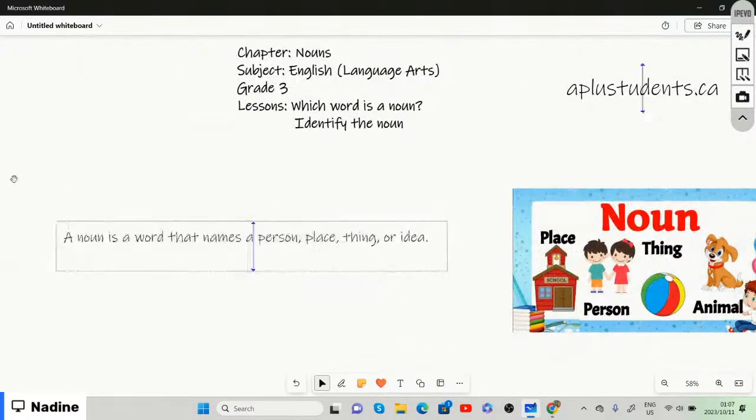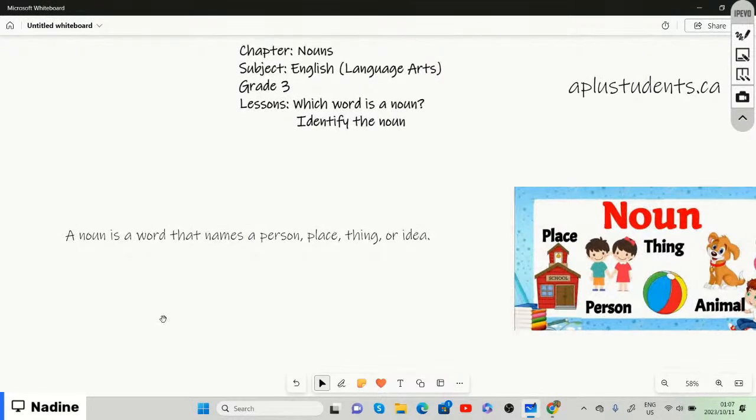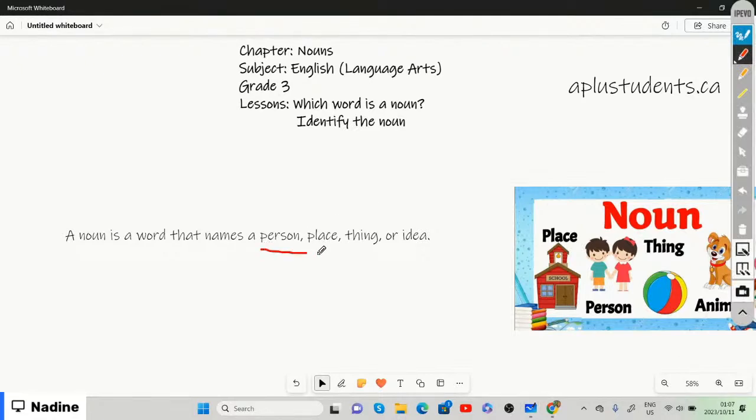So a noun is a word that names a person, a place, a thing, or even an idea.